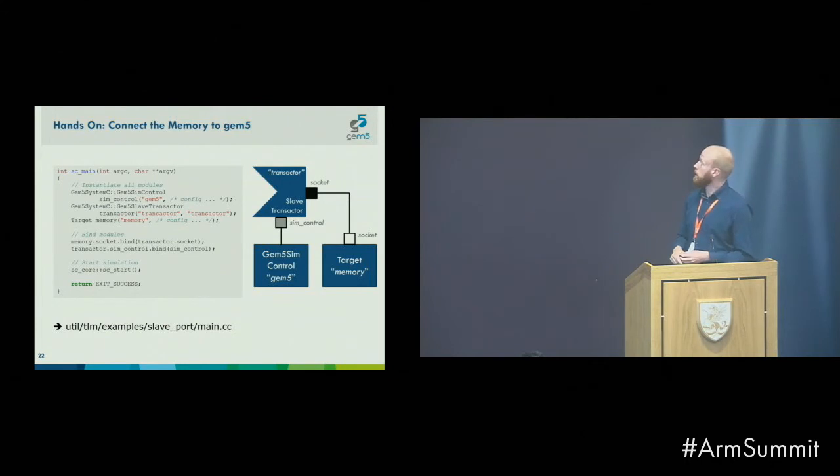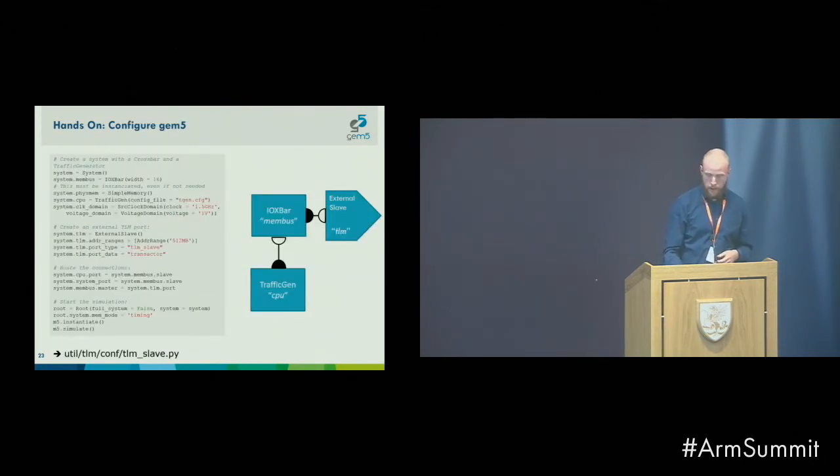Yes, so there is some stuff hidden in these config nodes. What is also very important is that you need to pass the config.ini file, so the path to this file, somewhere to the sim control module. Then we also need the other part. We need to configure Gem5.